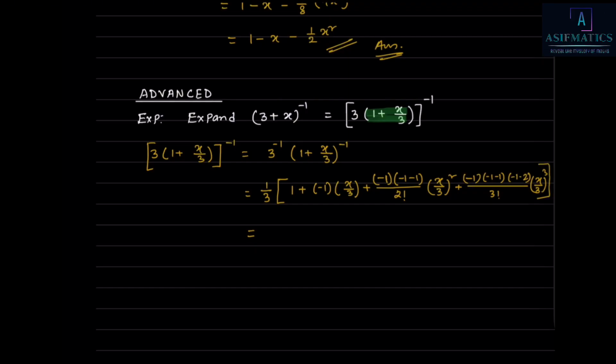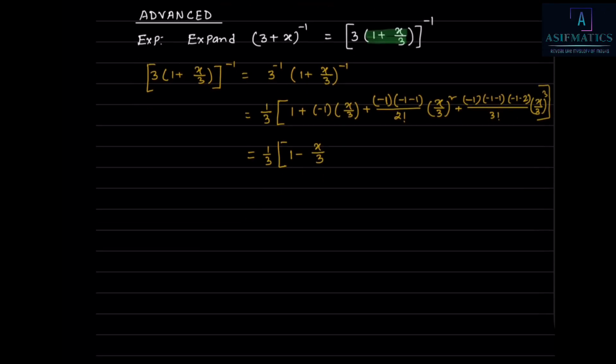Put the bracket here. So we can write 1 by 3. Here we have 1 minus x by 3. Then the top one will be plus 2. So we can write 2 by factorial 2, that is also 2.